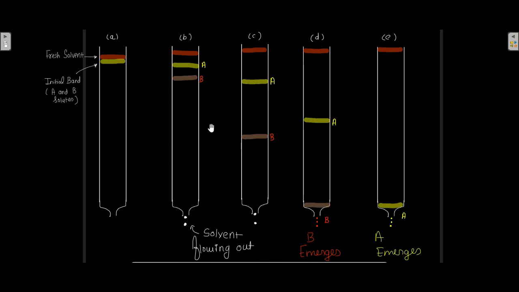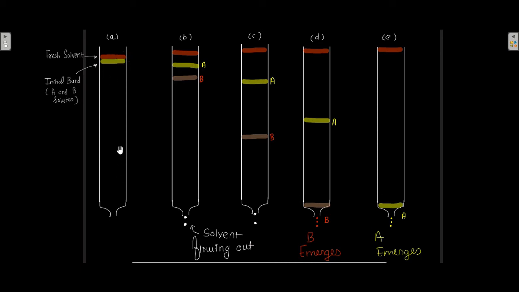Now this figure shows separation of solutes A and B present in a mixture by chromatography. A continuous flow of solvent carries the mixture of solutes A and B. This solvent will carry these two solutes down the column.